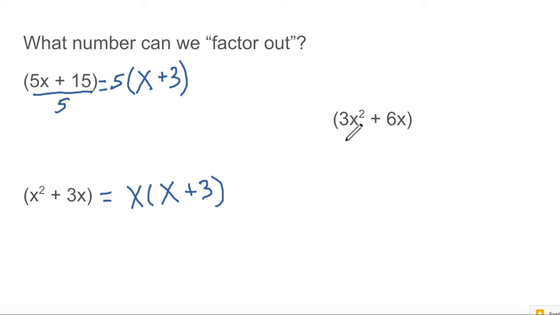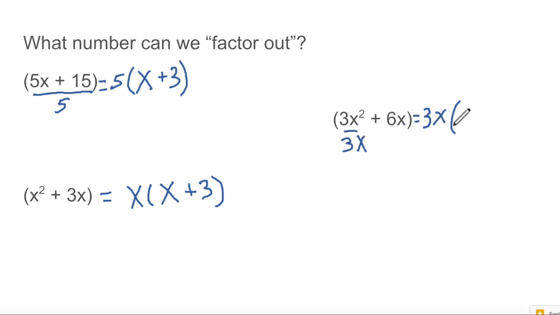Okay, last one. What can we divide out of this? Well, look, similar to the last one, we see that we can factor an x out because both terms have an x in them. What else? We can also factor out a number. So 3 and 6 are both divisible by 3. So we can factor a 3x out. So if we divide this first term by 3x, let's see, the 3's cancel out, and one of these x's cancels out.